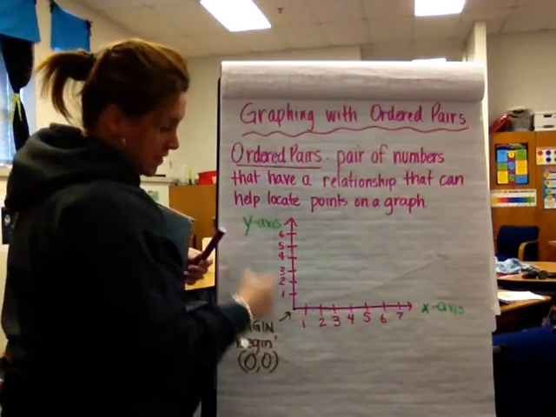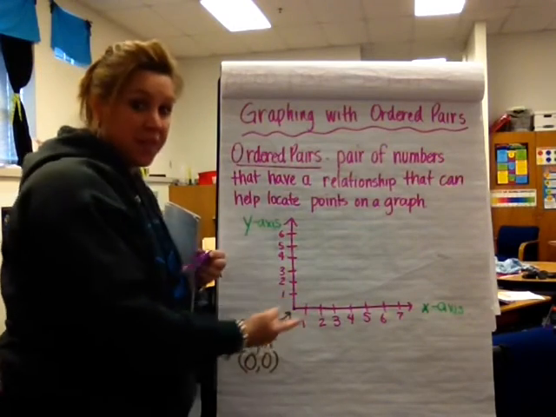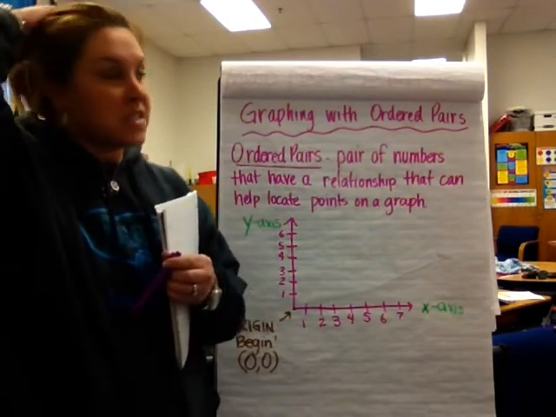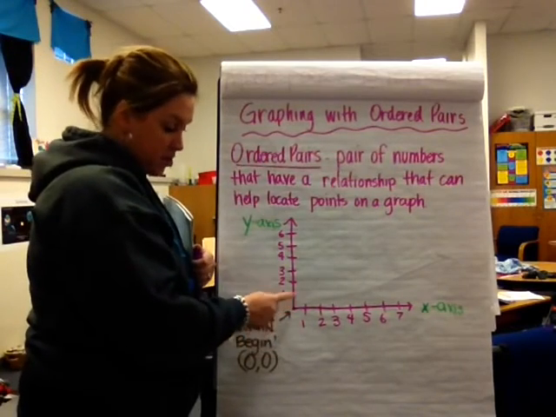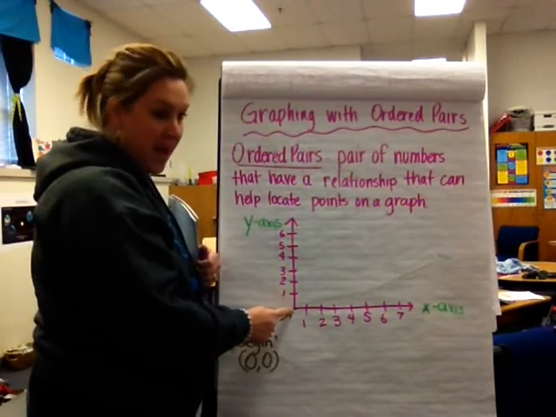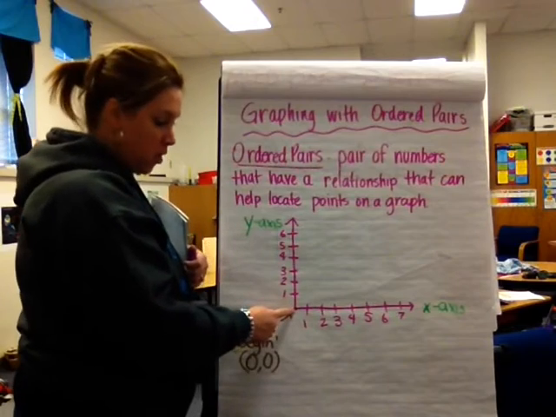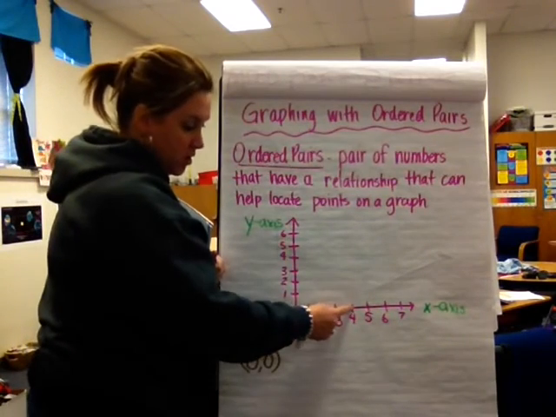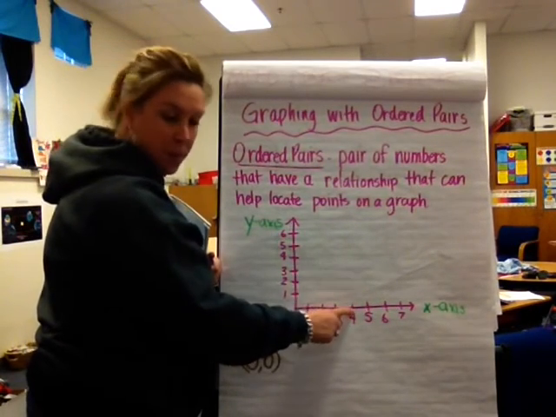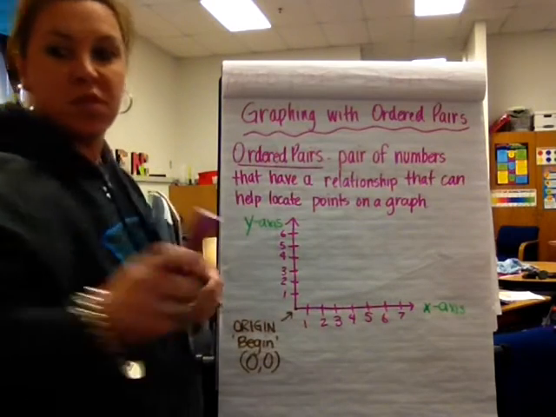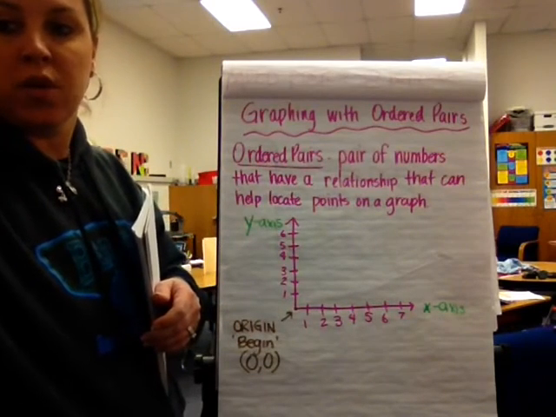Again, this is my 0. Because in theory, I could have 0, 1, and I would run nothing and jump to 1. Or I may have 4, 0, run 4, jump nothing, because I can't move up, and my dot would be here.